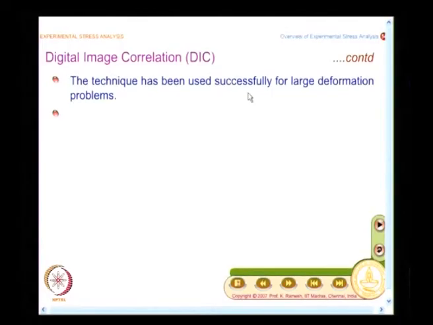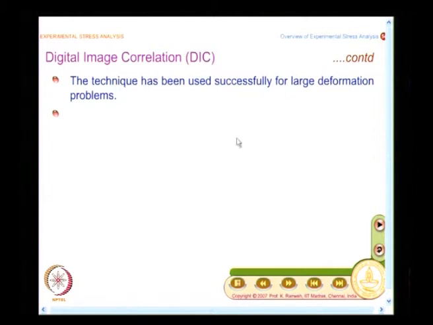Then they refined it by putting 2 grids one over the other, that is how Moiré was developed. And then from geometric Moiré they graduated to Moiré interferometry, where they could go for finer and finer displacements, and digital image correlation has been successfully applied for large deformation problems.